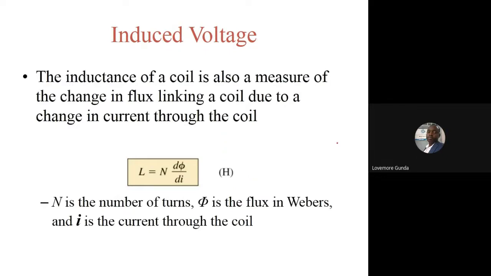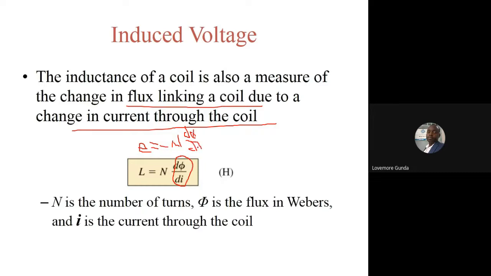So the inductance of a coil is also a measure of the change in flux linking the coil due to the change in current. In other words, L is also equal to N d phi by di, right? Don't confuse it with E. E, from Lenz's law, is minus N d phi by dt.